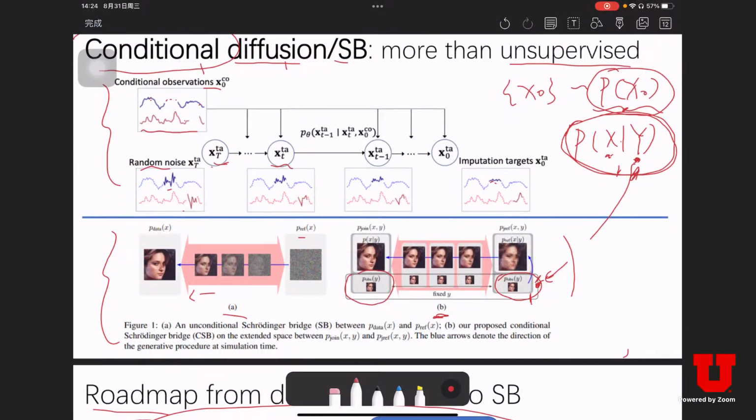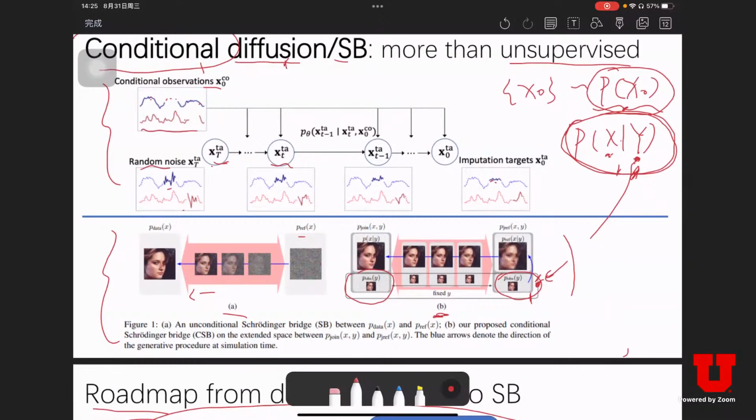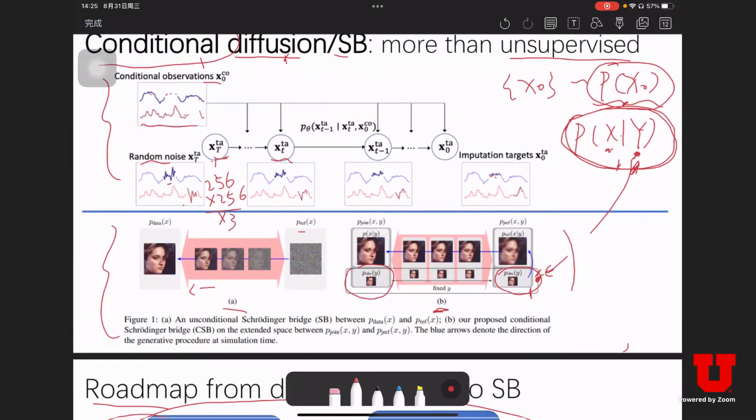Actually, that's another disadvantage of the diffusion model, because you have to keep the size. If your xt is an image of relatively large size, like 200 by 200 by 3, or your intermediate states, you have to keep the size.